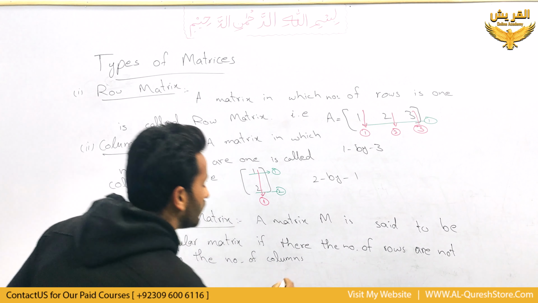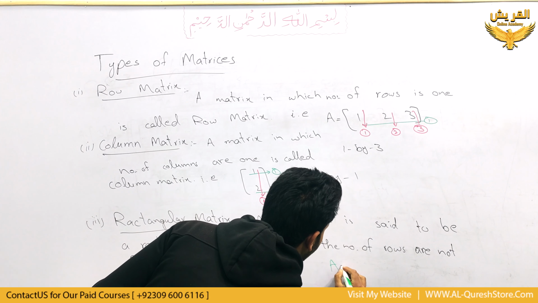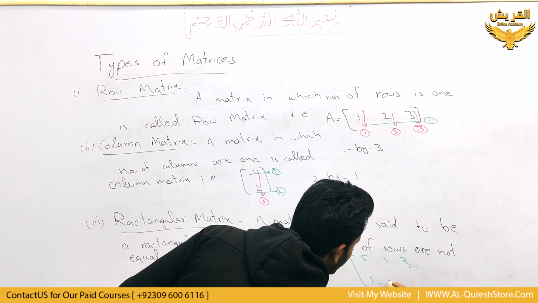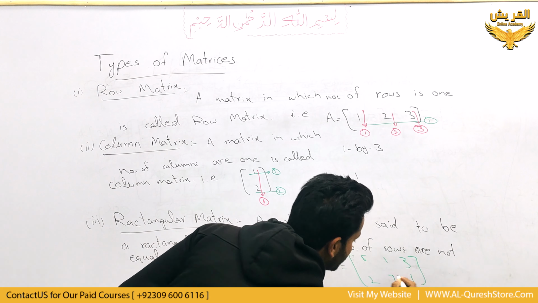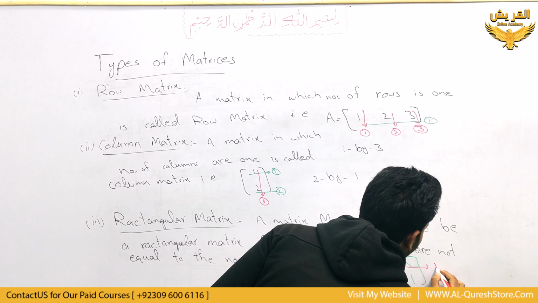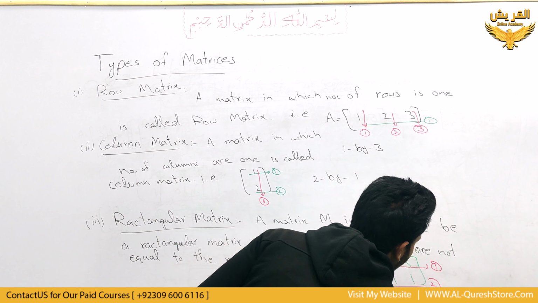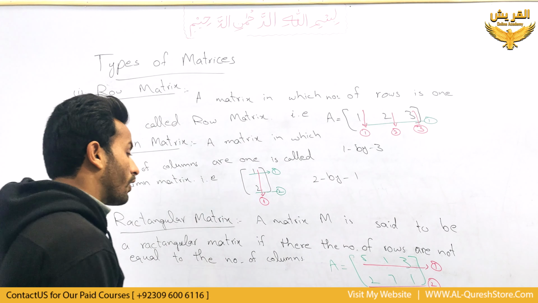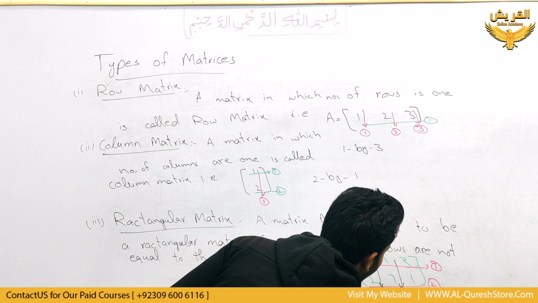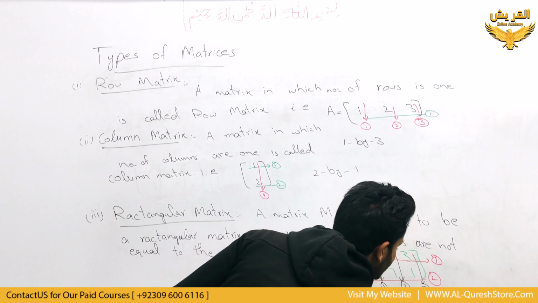For example, A is equal to 5, 1, 3, 2, 7, 1. Here the number of rows are first row, second row. On the other hand, number of columns are first column, second column, and third column.